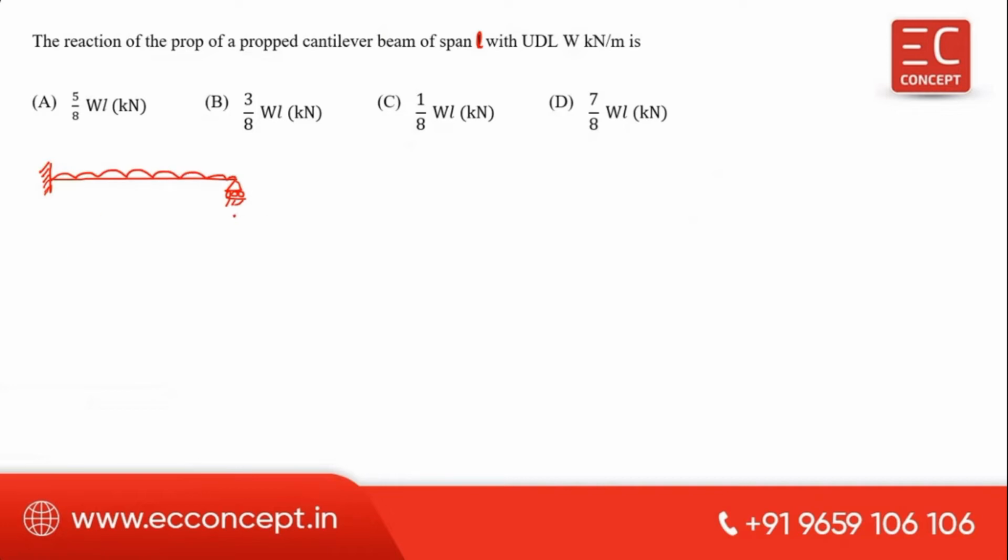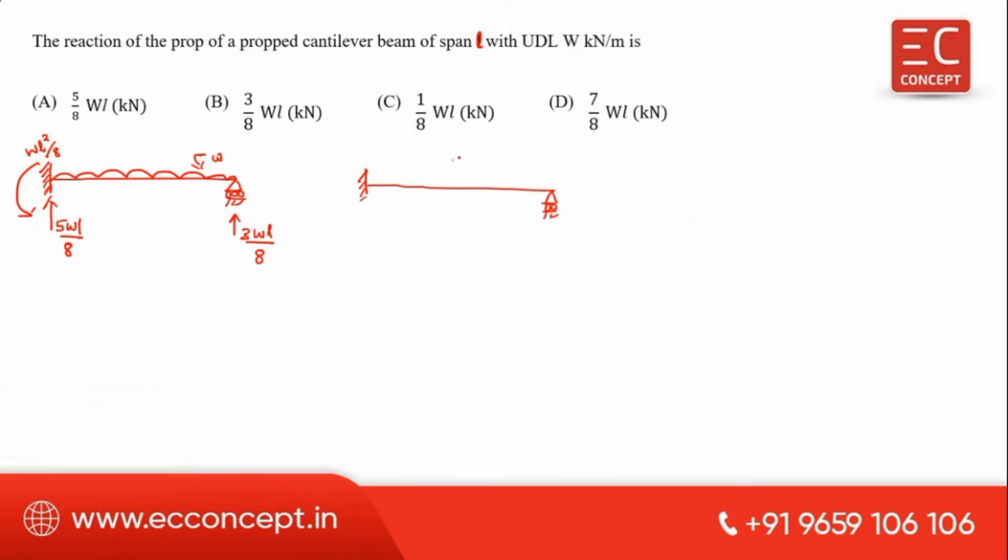Then this prop reaction is equal to 3WL by 8. So this is the W. This is 5WL by 8. And this moment is equal to WL square by 8. This fixed end moment.